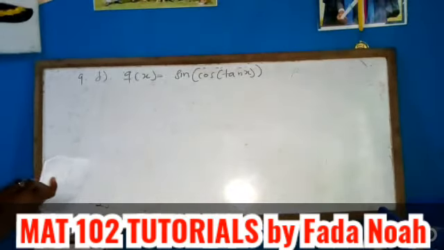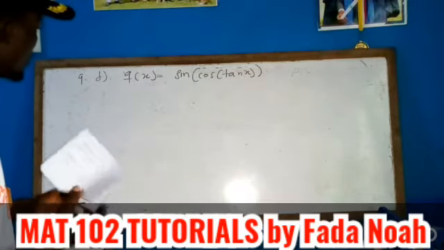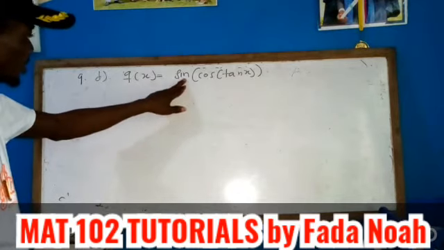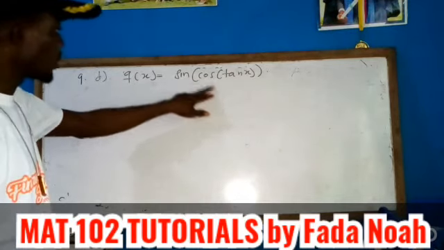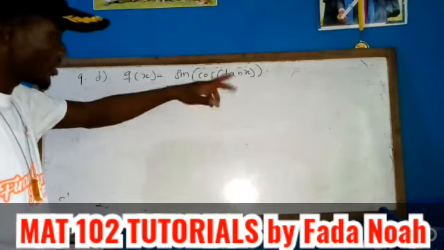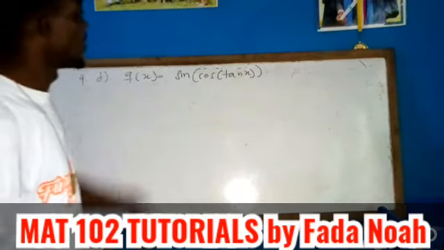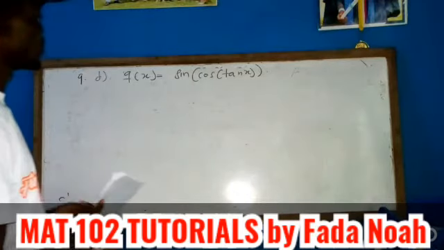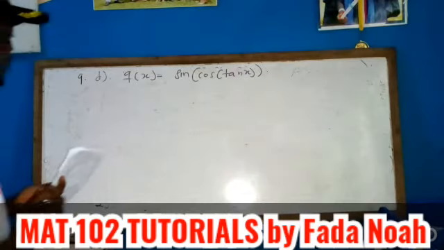You have this function and you also find the derivative. Q of x is equal to sine of cos of tan x. This one is a function inside a function and another function inside that function. So you have to do multiple differentiation over there.